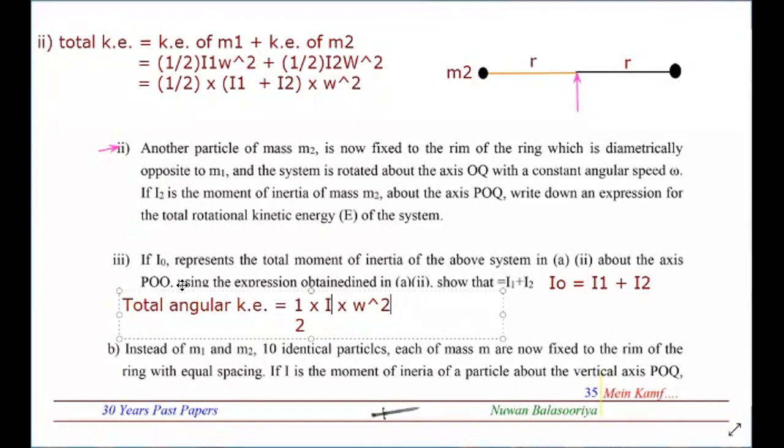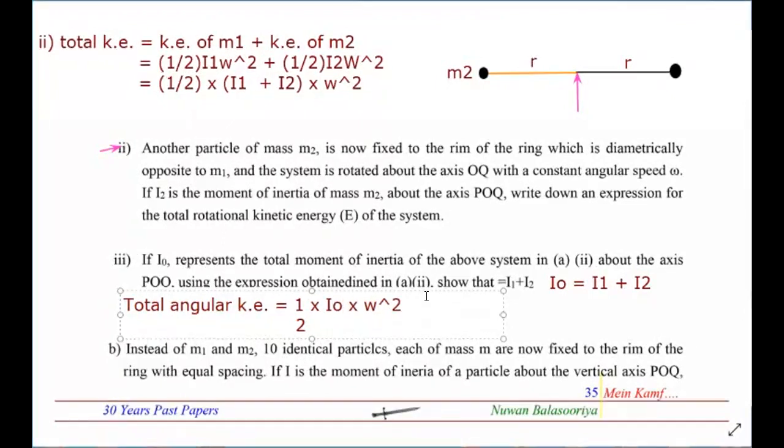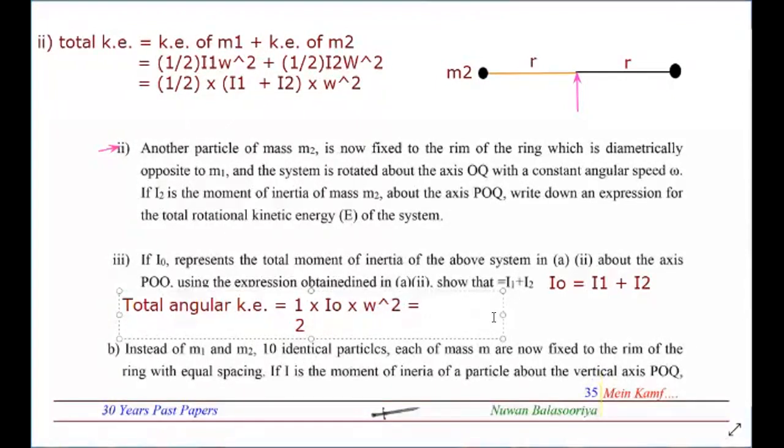Here they have given the total moment of inertia of the entire system as I naught. But previously we have proved that total kinetic energy equals half into I1 plus I2 into omega square.